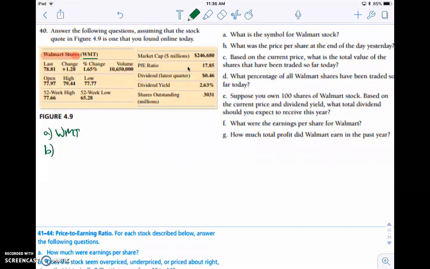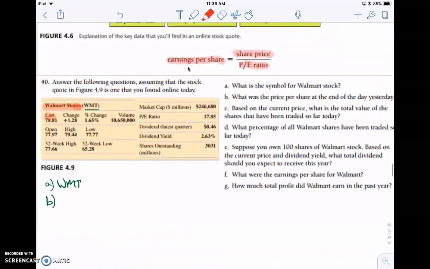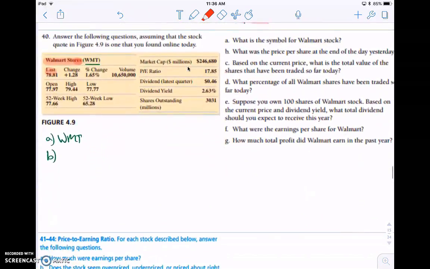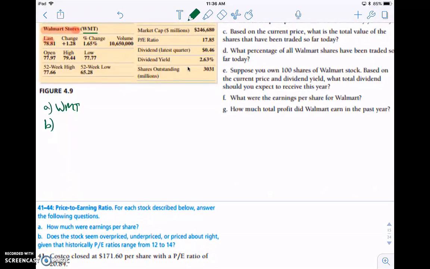Okay, next, what was the price per share at the end of the day yesterday? Again, remember when we're looking at this, we've got the last. Last is kind of another way of saying now, in this picture up here, what the value is worth now.